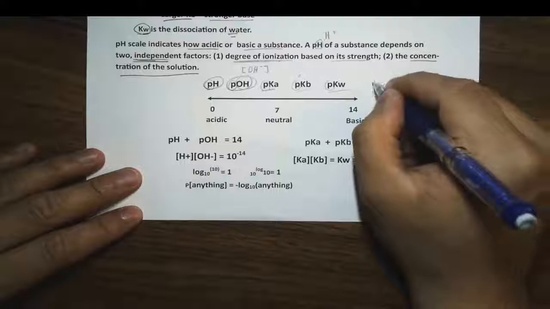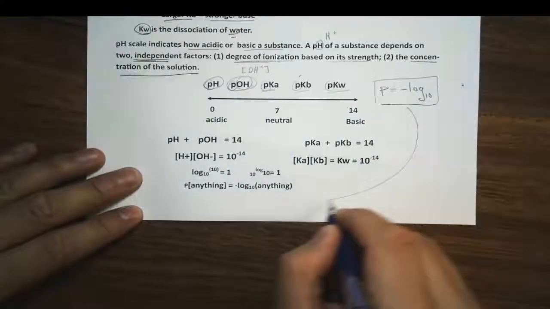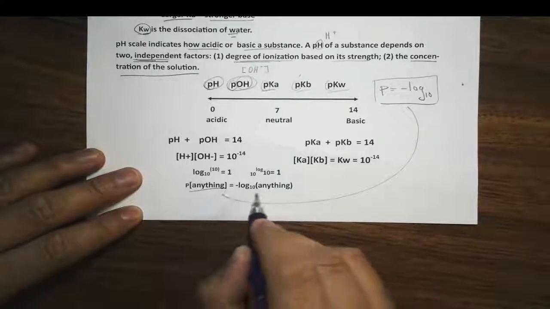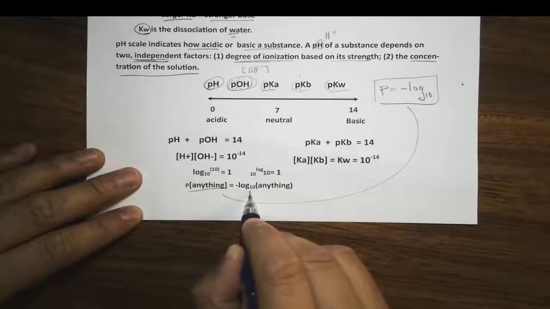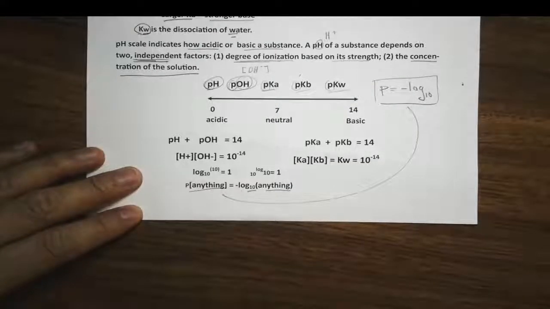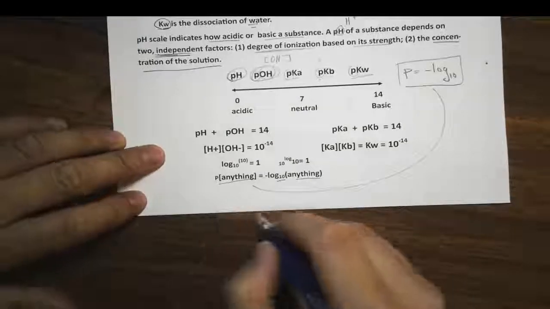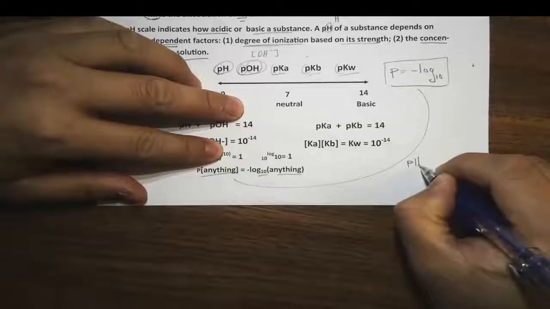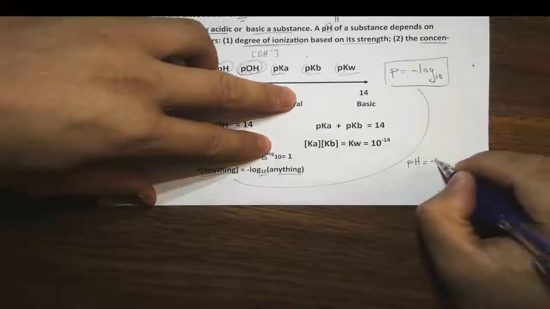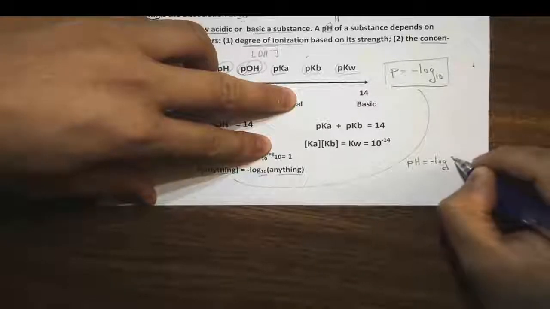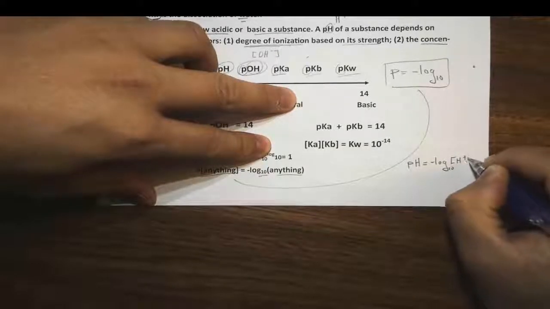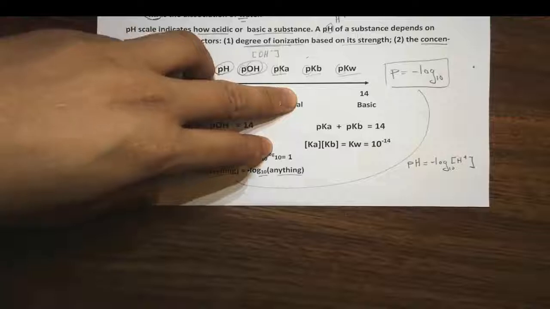So this is extremely important. If you have P of anything, it's equal to the negative log with a base of 10 of that thing. So if you have pH, let me rewrite it over here: pH is going to be the negative log base 10 of H+.